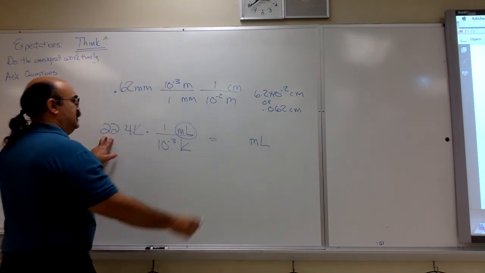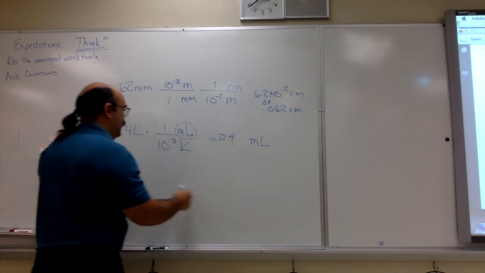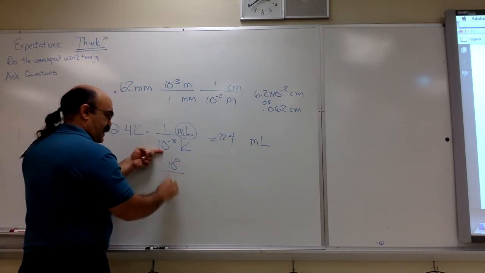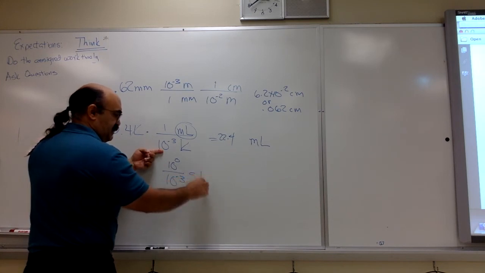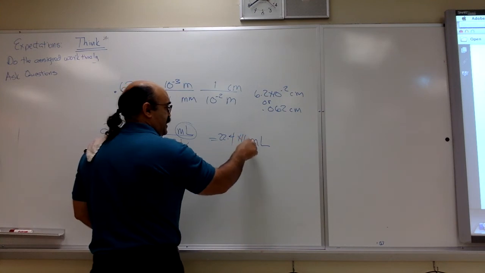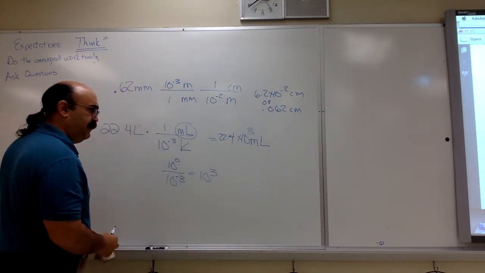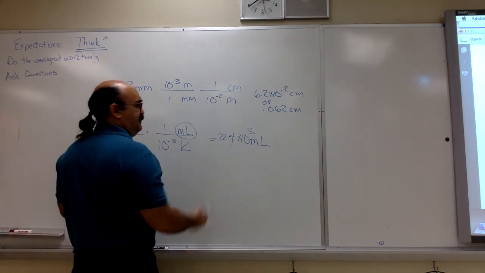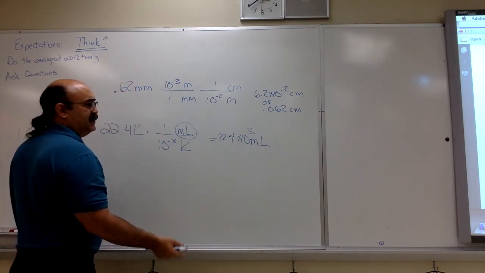My coefficient is simply 22.4. I've got 10 to the 0 divided by 10 to the negative third, which should give me 10 to the positive 3. So this would be times 10 to the positive 3. Useful notation, not correct notation. So then I have to choose. Am I going to leave it in scientific notation or not?